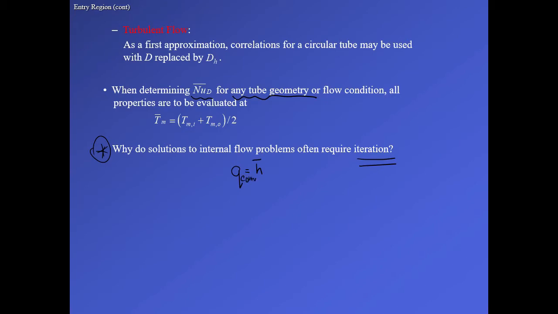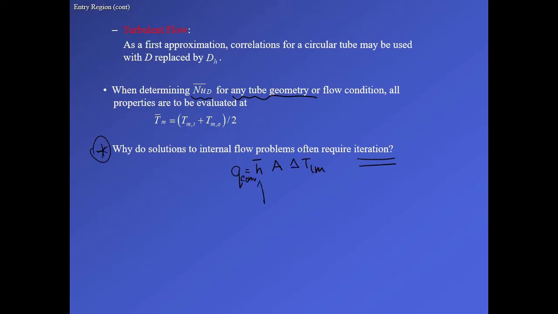This is Q convection, which is h bar times A times Ts minus T mean. Or in this case, for the whole pipe, it is delta T log mean.